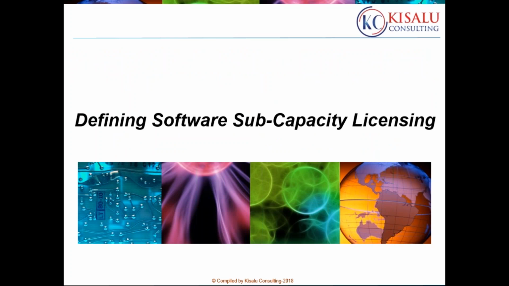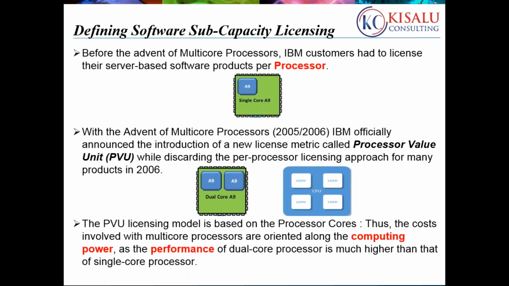Defining the software sub-capacity licensing, what do we understand by that? We go through the phases that technology evolved over time, so it will be better understood that way for those that are not well clued into those changes.